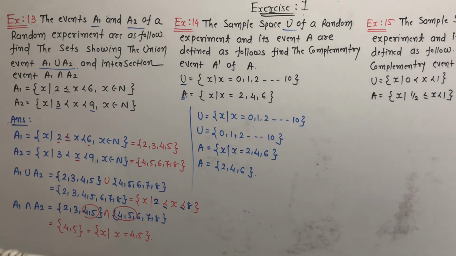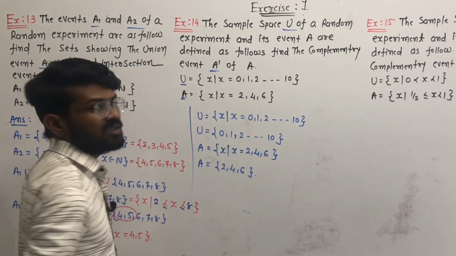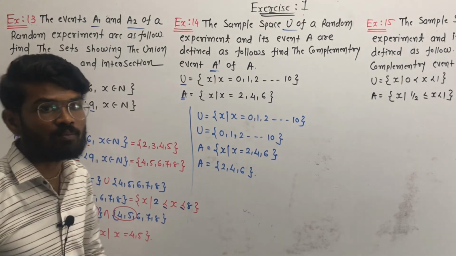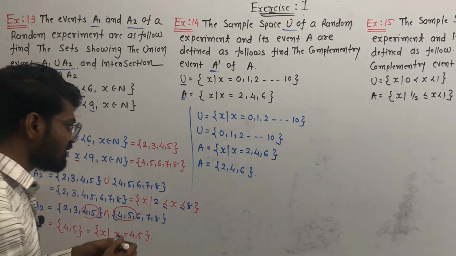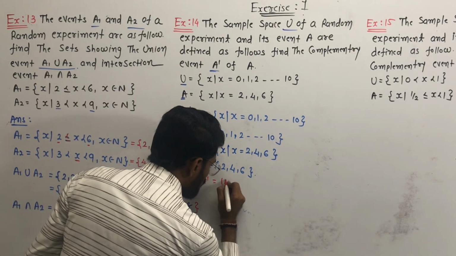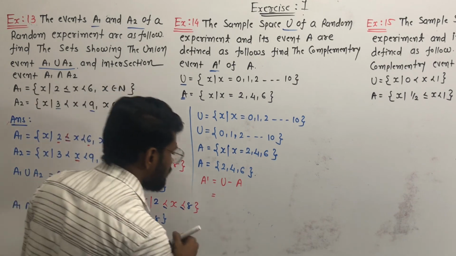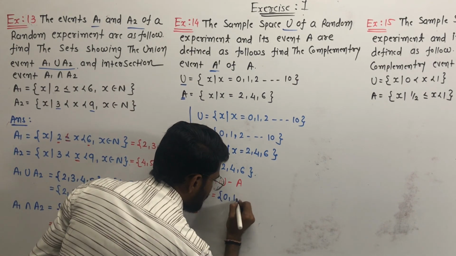Okay, now what do we have to find? Find the complement of event A. Yes, finding the complement of event A means we have to find A dash. And what is A dash? A dash is U minus A. And what are the elements of U? The elements of U are 0 to 10.